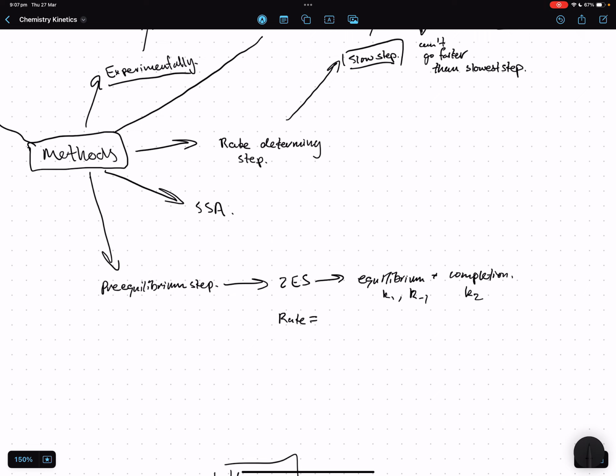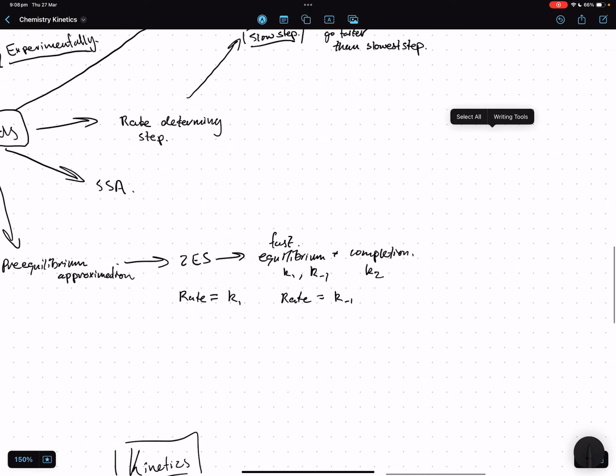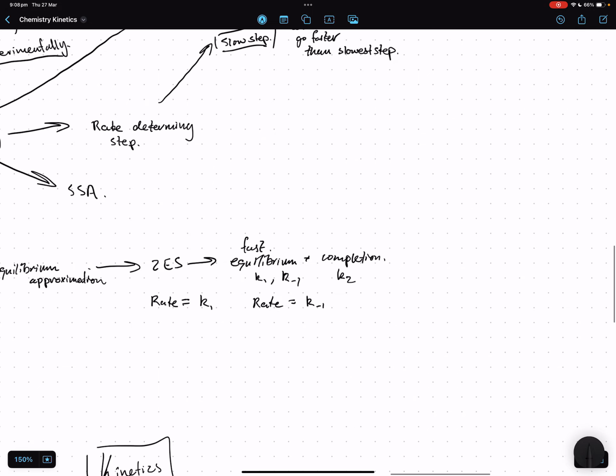So you have rate equations in terms of k1, and in terms of k to the -1. Because the equilibrium is very important, a fast equilibrium, since both of them are fast at reaching equilibrium, their rates are quick. We can just say that their rates are pretty much the same. That's why it's an approximation.